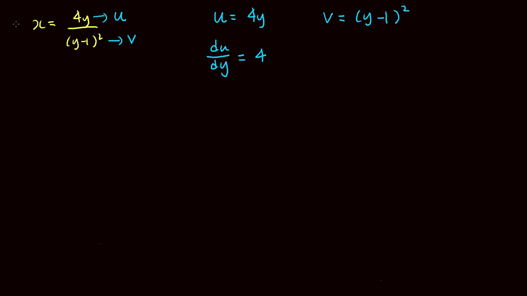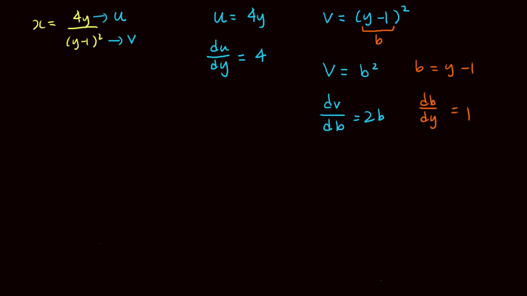For v we need to use the chain rule. Let's express v in terms of b. So v equals b squared, therefore dv/db is equal to 2b, whereas b is simply y minus 1, so db/dy is equal to 1.